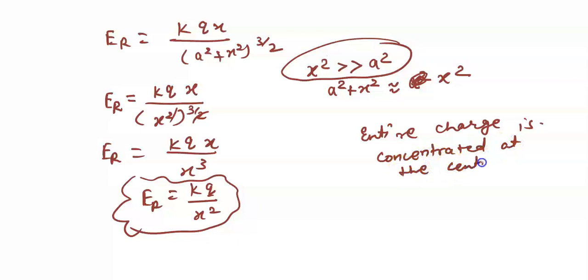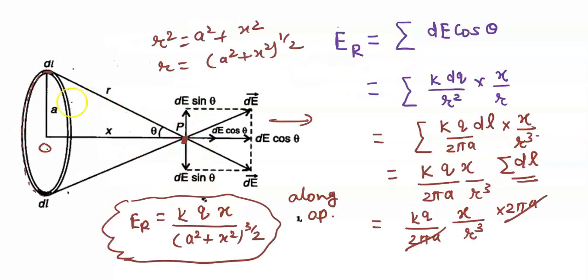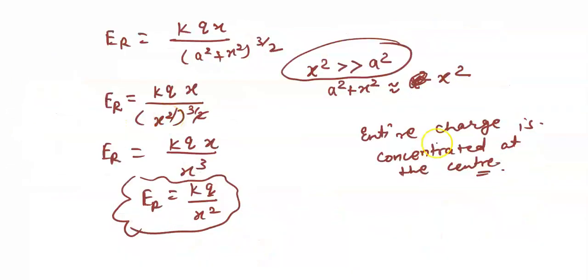The entire charge of the ring is concentrated at the center, and then we are finding the distance x of the point where we have to find the electric field intensity. So this is one result which you can draw out if you take this particular approximation.